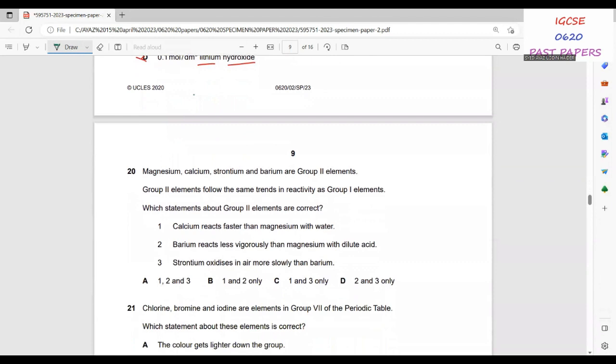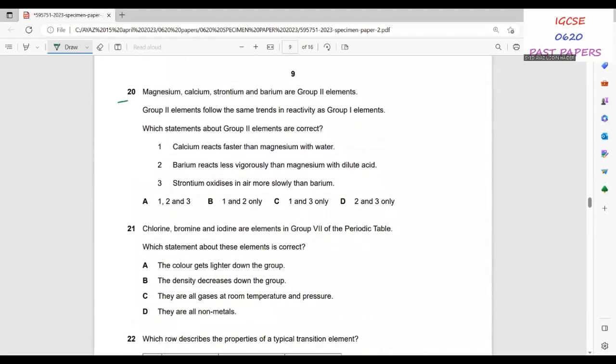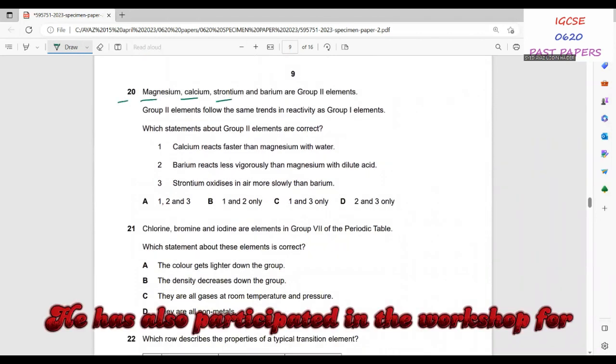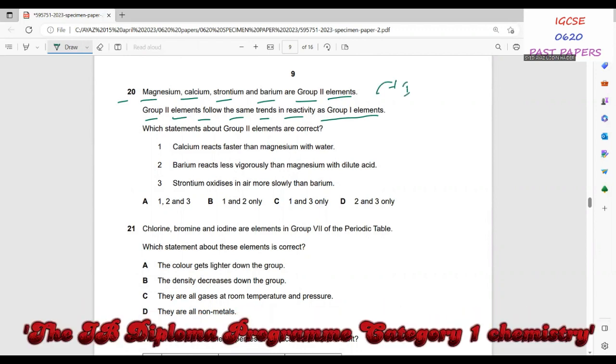Number 20. Magnesium, calcium, strontium, and barium are group 2 elements. Group 2 elements follow the same trends in reactivity as group 1 elements. Recall the trend of reactivity in group 1: reactivity increases down the group.